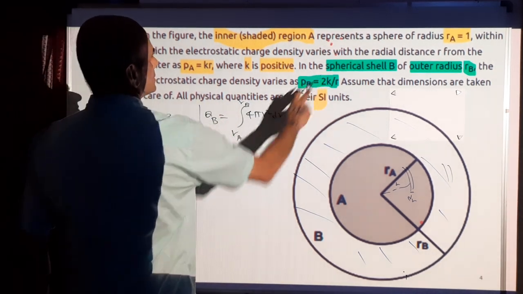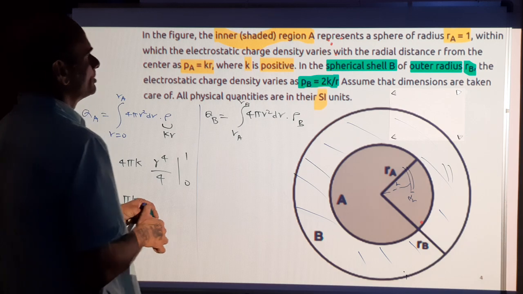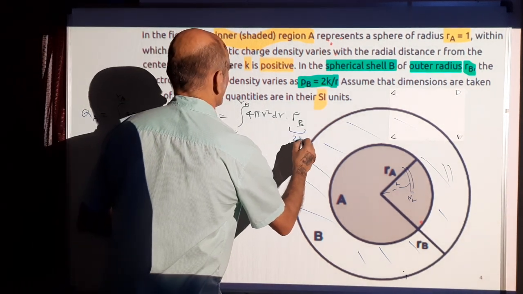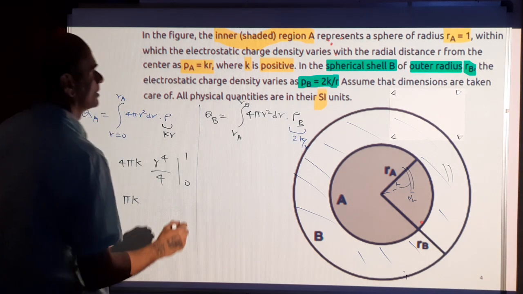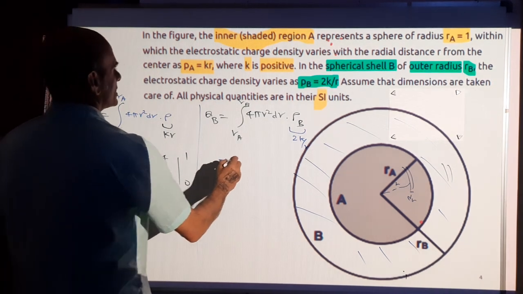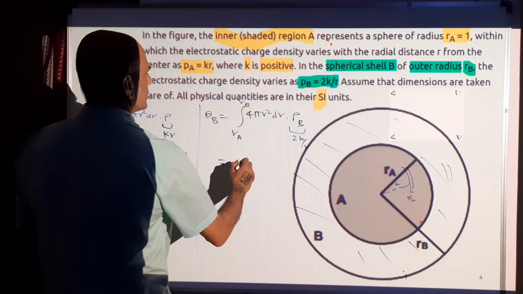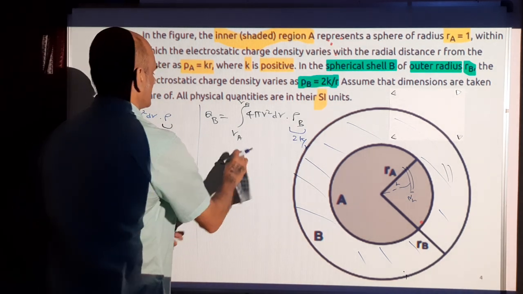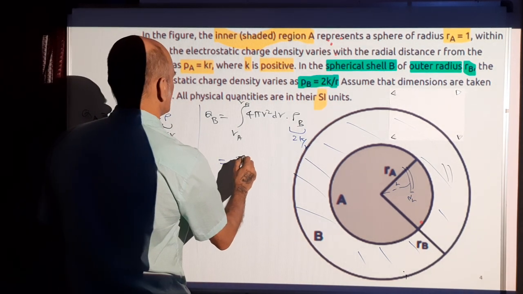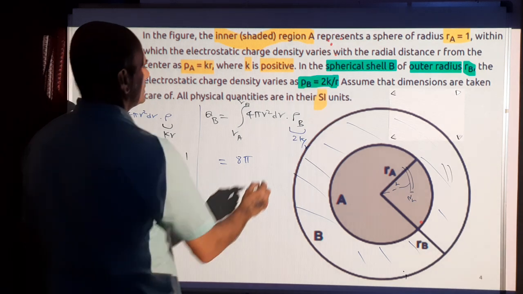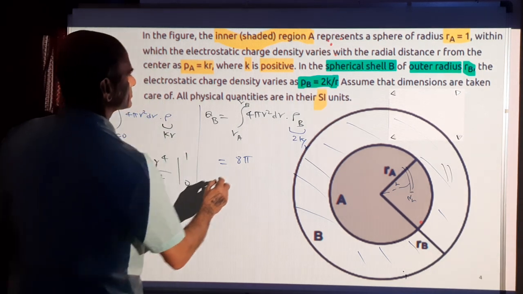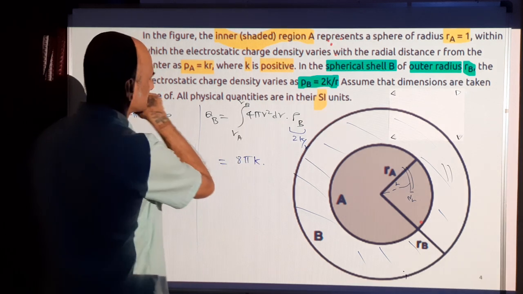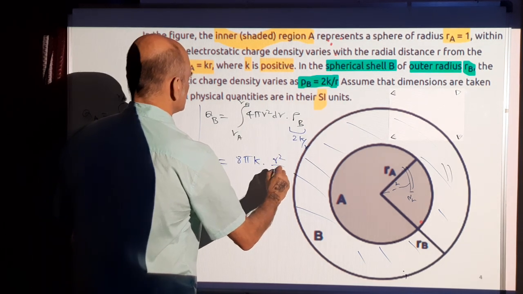And rho b is 2K by r. So this will become 8 pi K, 4 pi into 2 is 8 pi K, and then r dr. If you integrate, you get r square by 2.